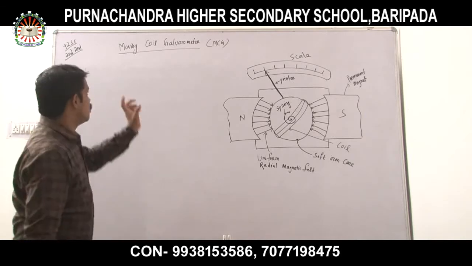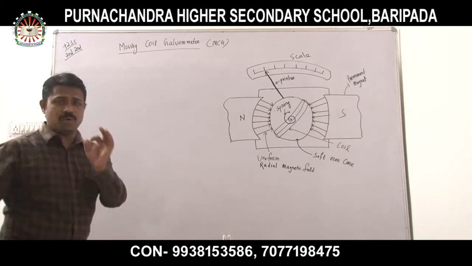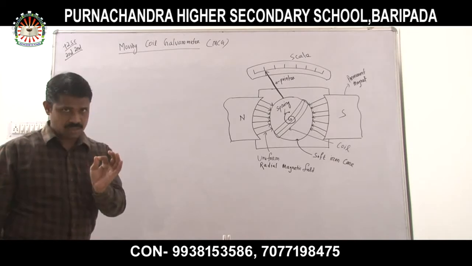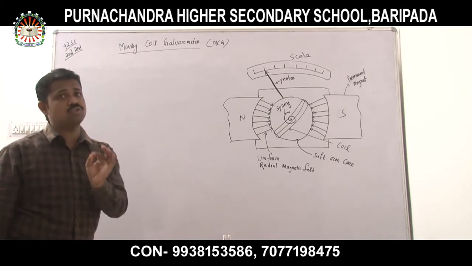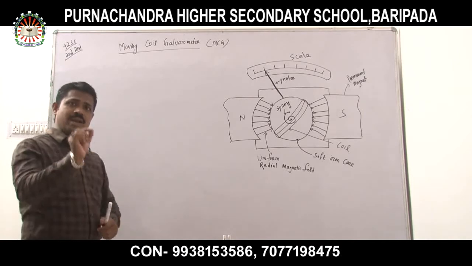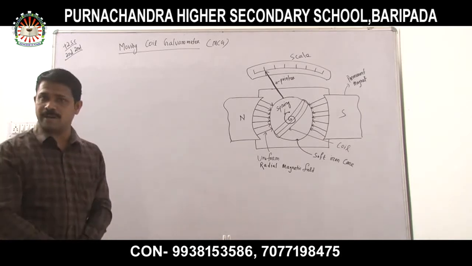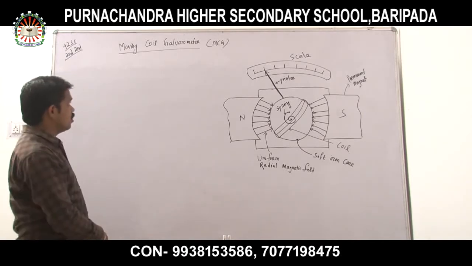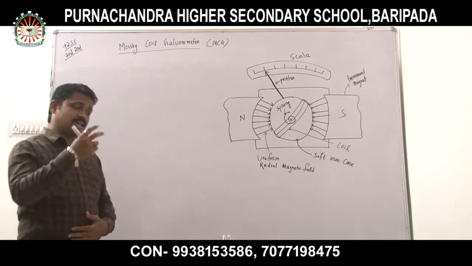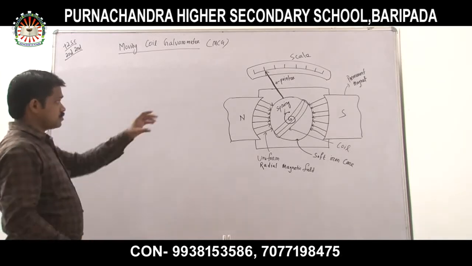Clear? So the moving coil galvanometer is a very important device which is used to detect small currents, and it gives the direction of the current. Clear? Okay.